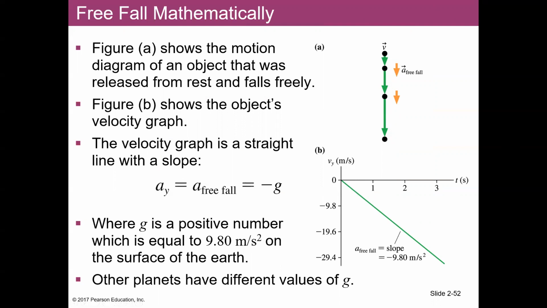And then what about the position versus time graph? Well, if the velocity is linear, then the position has to be quadratic. And so it would be a downward concave parabola that starts at rest with a zero slope and then increases further down.